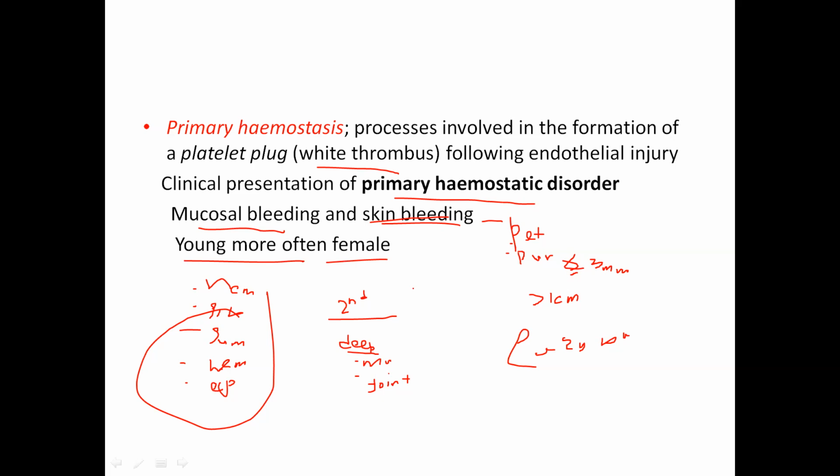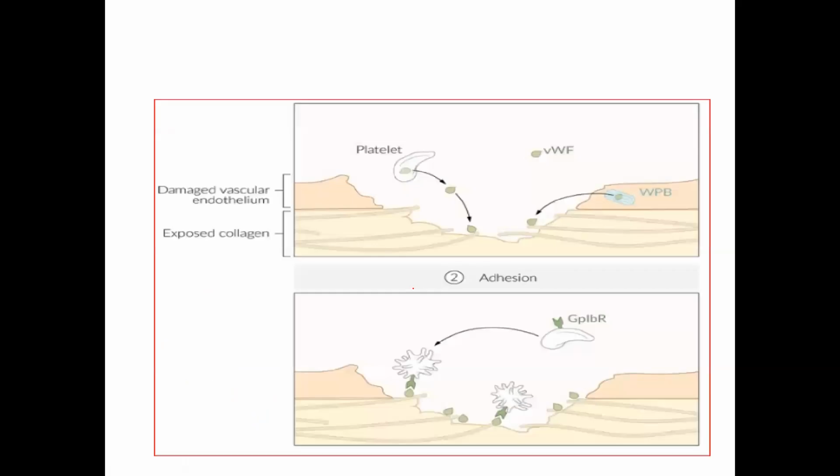So let us discuss the physiology of hemostasis. The very first step after endothelial injury is transient vasoconstriction, and this transient vasoconstriction is mediated by two mechanisms.